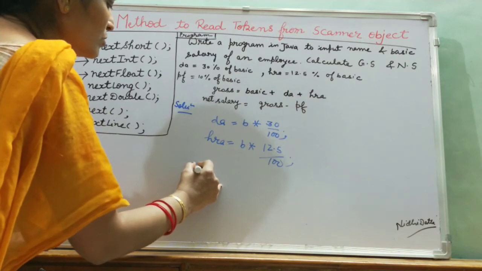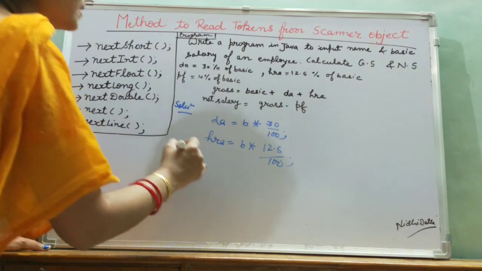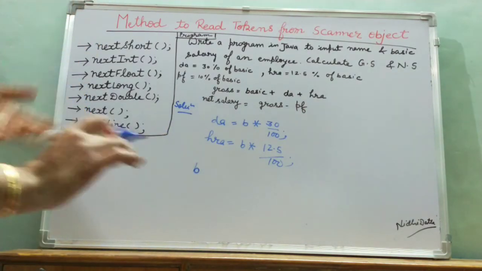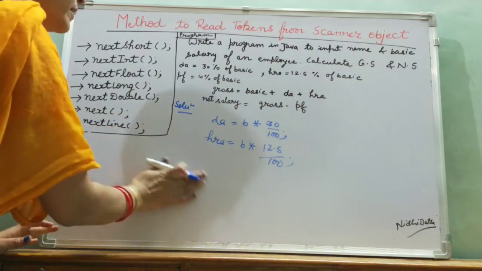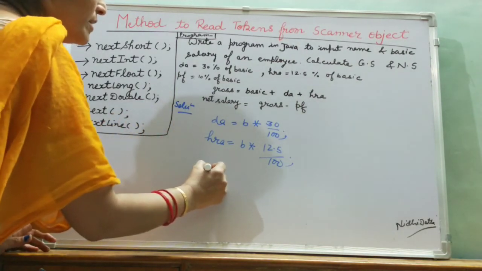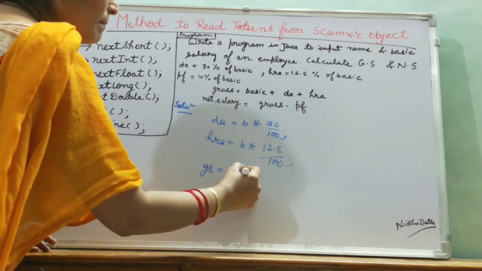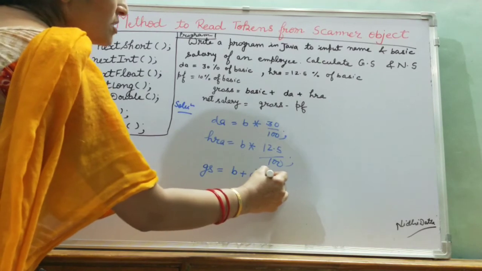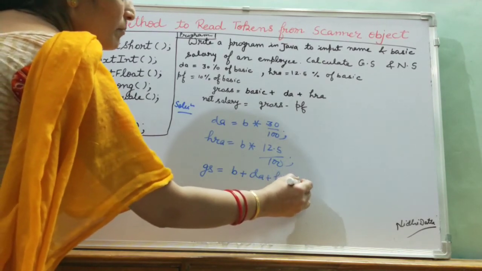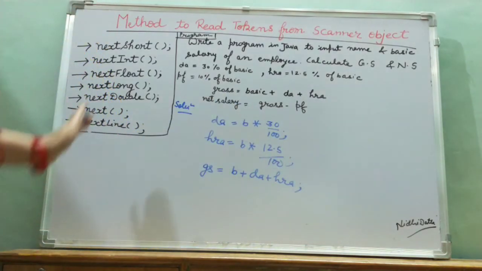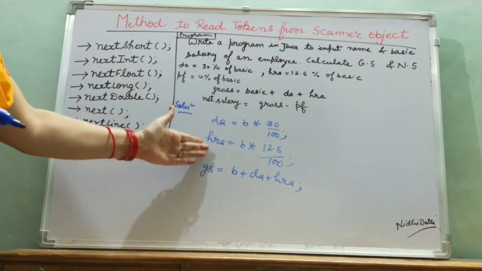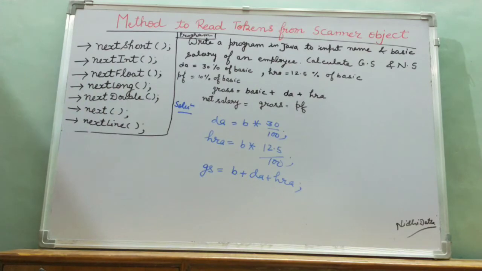Which variable is taken for gross salary? GS variable is taken. GS is equal to B plus DA plus HRA. After inputting, it will take all the values because basic salary is input by the user and DA and HRA are calculated here. Then it will find out the gross salary, and we can print it also by the System.out.print method.